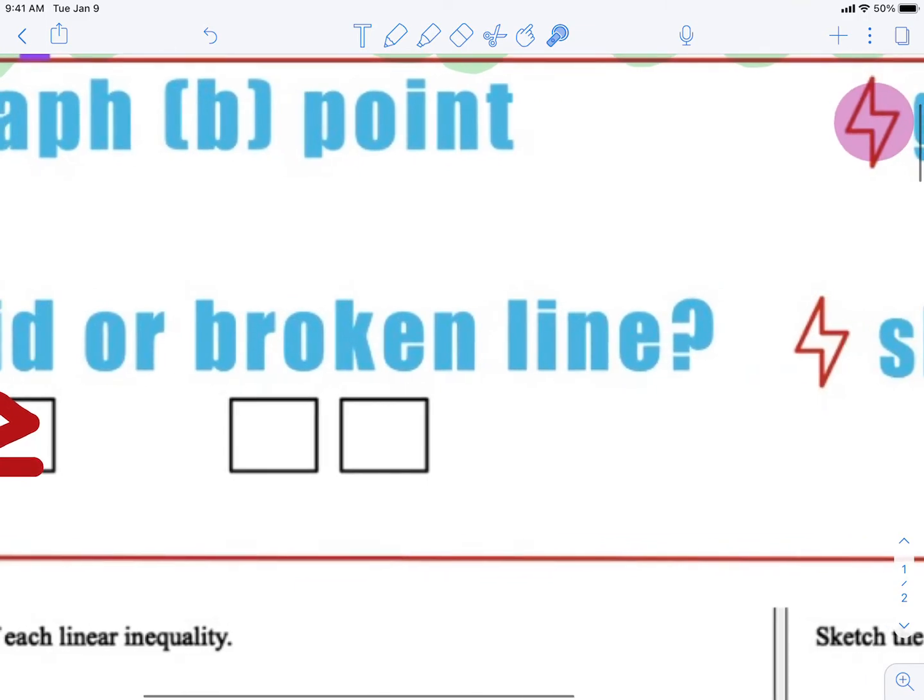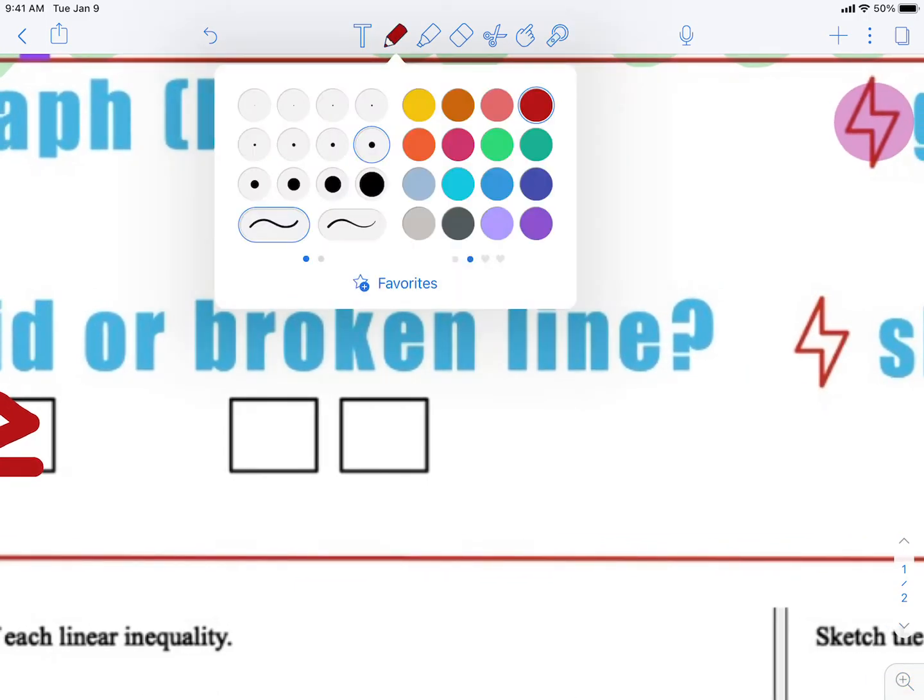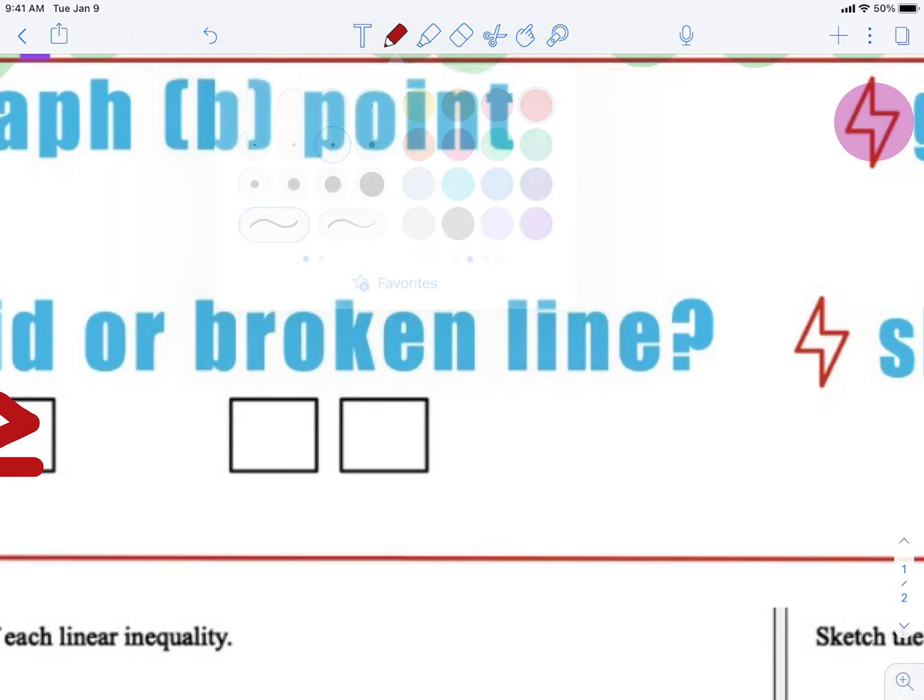Broken line, it's going to be if it's no equal to. So if it's just less than or greater than, it's going to be a broken line.